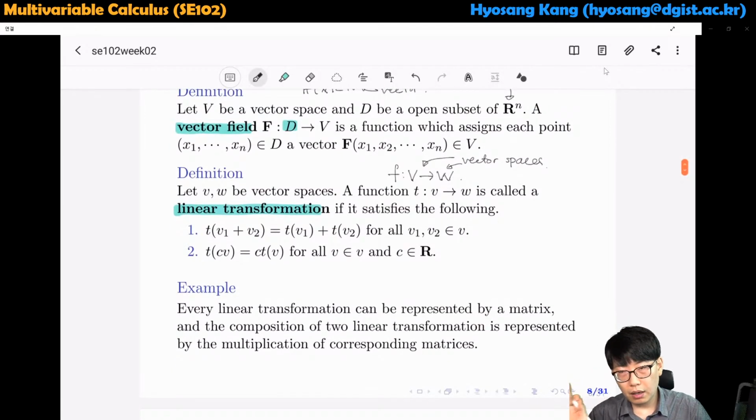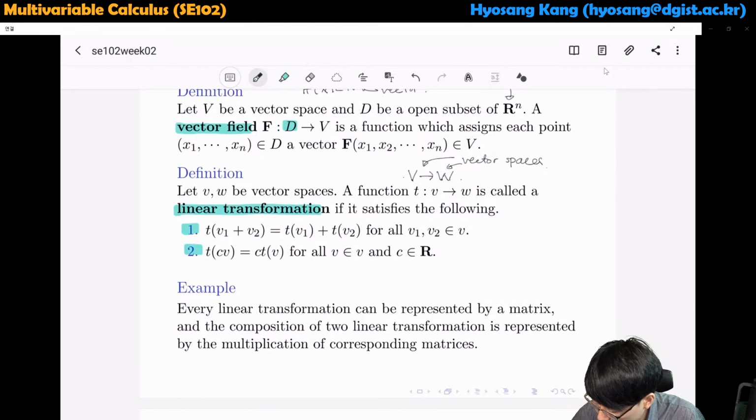If you want to call this function a linear transformation, you need two conditions. The first condition is that this function, this is T actually, not f, preserves the vector sum.